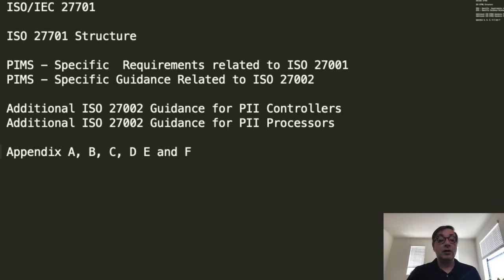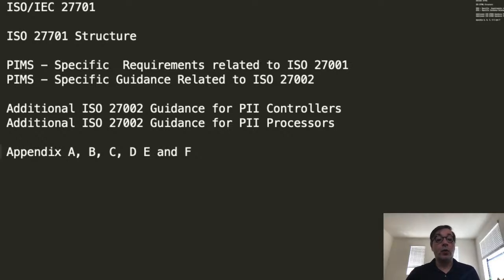Achieving security of processing, notification of breaches involving PII to a supervisory authority, notification of breaches involving PII to customers and PII principals, conducting privacy impact assessments, the PIA, and the assurance of assistance by the PII processor if prior consultations with relevant PII protection authorities are needed.